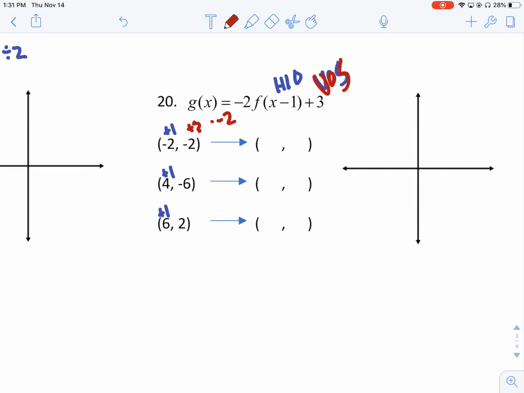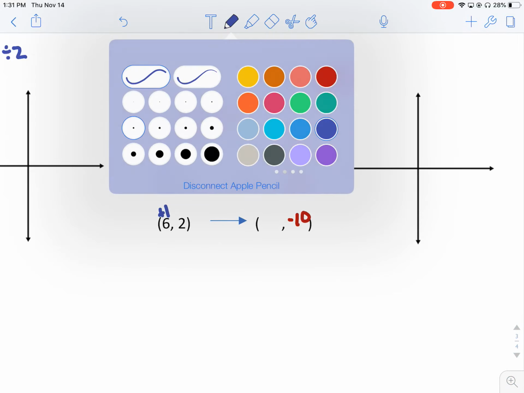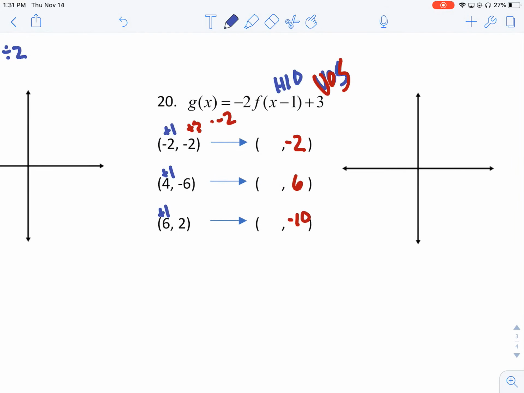So negative 2 plus 3 is 1, times negative 2 is negative 2. Negative 6 plus 3 is negative 3. Negative 3 times negative 2 is positive 6. And 2 plus 3 is 5. 5 times negative 2 is negative 10. Finish up my x's there. I have negative 2 plus 1, which is negative 1. 4 plus 1, which is 5. And 6 plus 1, which is 7.